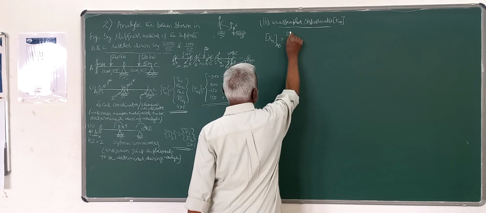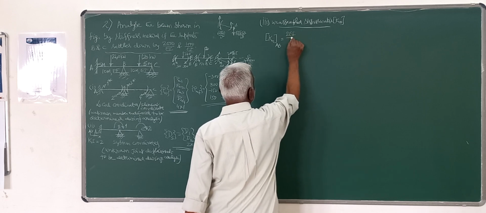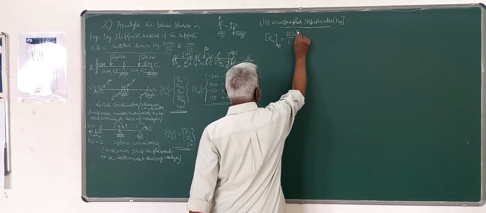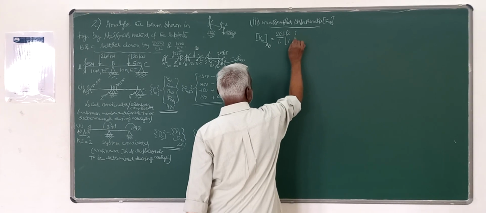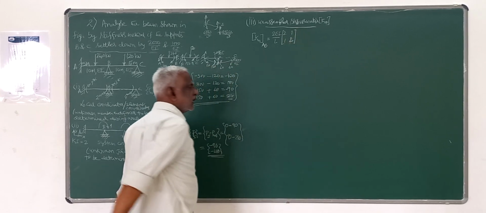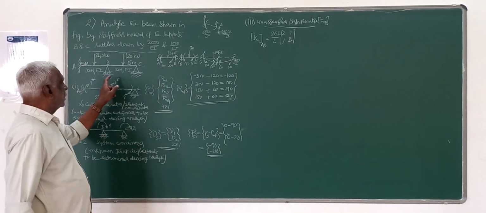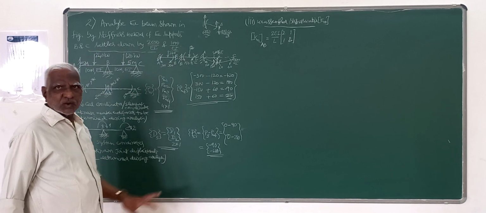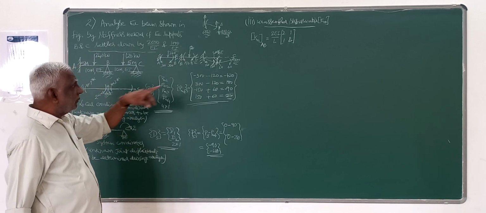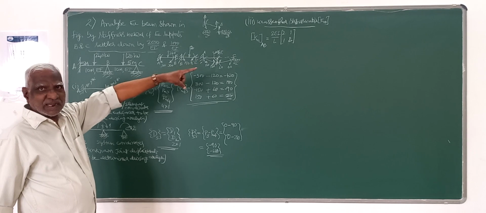It is given by 2EI by L into 2, 1, 1, 2. This is the member stiffness matrix corresponding to the element coordinates. That is a standard one that you have to remember. In the previous problem, we made a mistake.